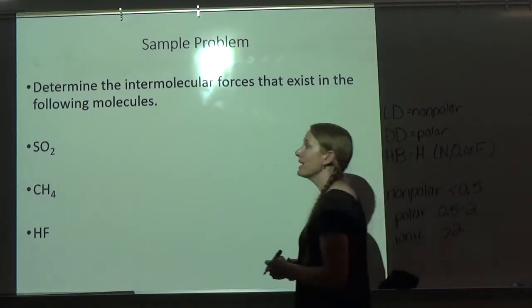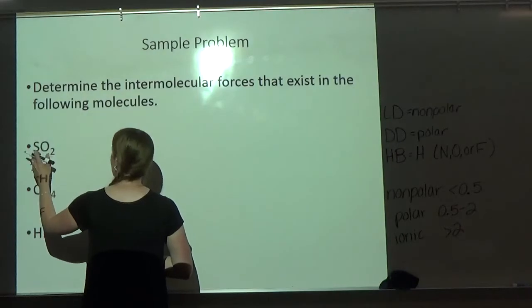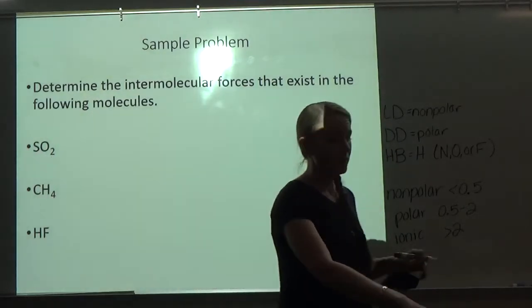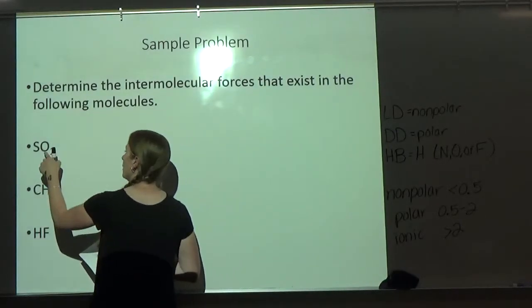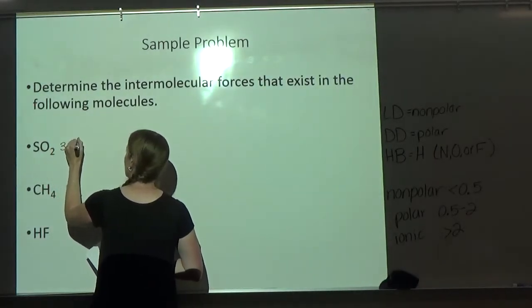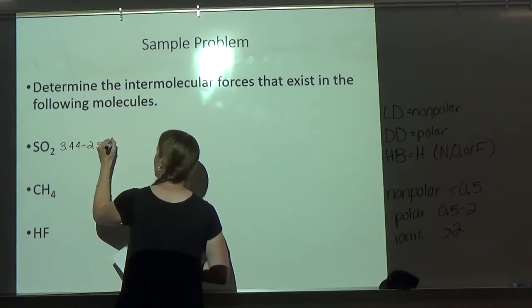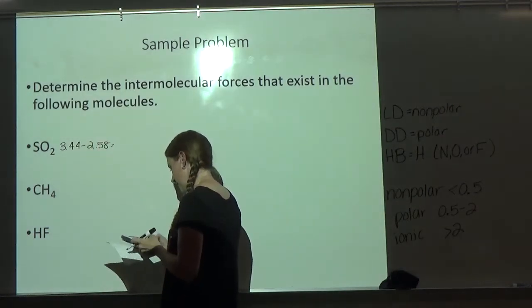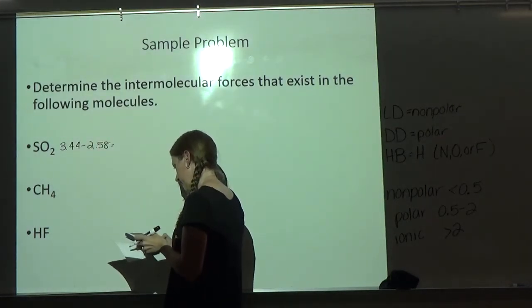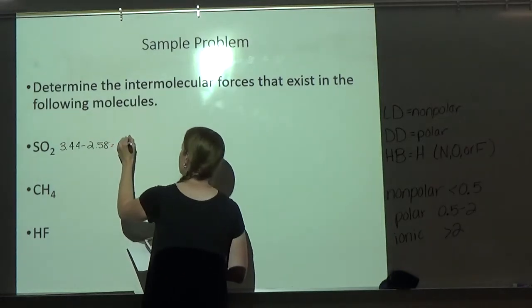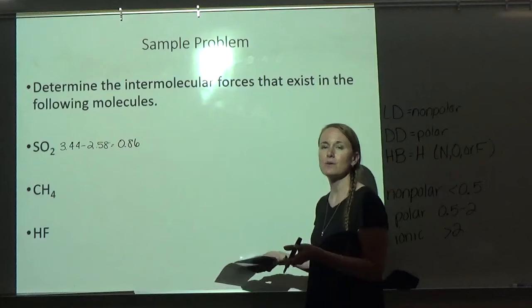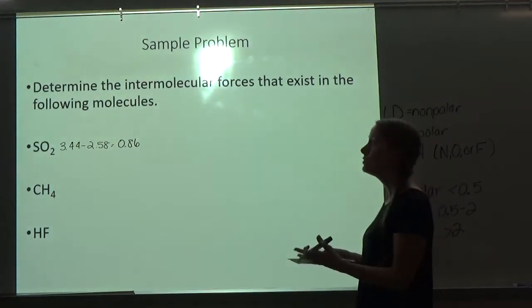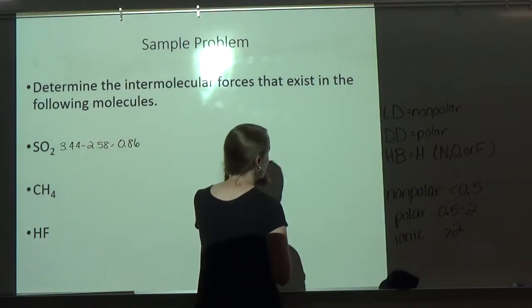All right, so first we have SO2. Remember, the numbers that I'm pulling right now are from my electronegativity chart. So O is 3.44 and S is 2.58. Once I subtract that, I get 0.86. We just drew SO2 a few minutes ago, and remember it was bent, so those dipoles are not going to cancel out.